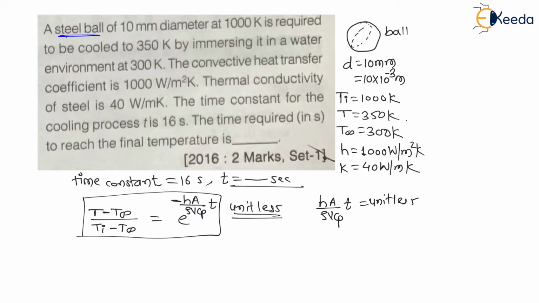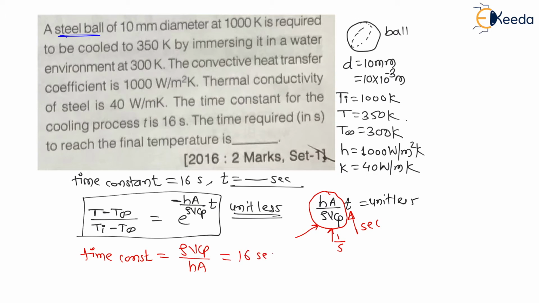And we know that the unit of time is second. Therefore, the term hA divided by rho V Cp must have the unit of 1 upon second. The reciprocal of this is called the time constant. Therefore the time constant, in seconds, is rho V Cp divided by hA. And they have given this constant as 16 seconds.